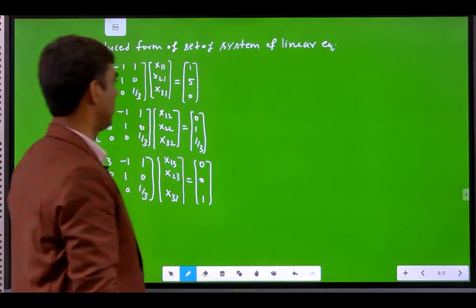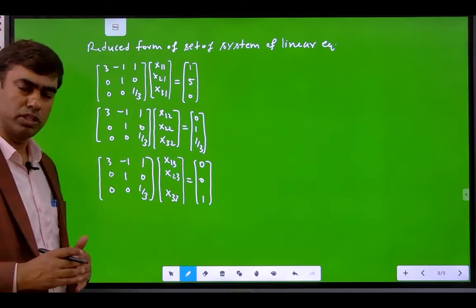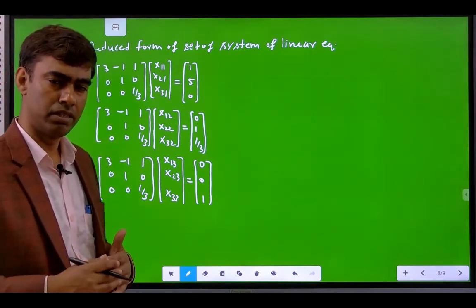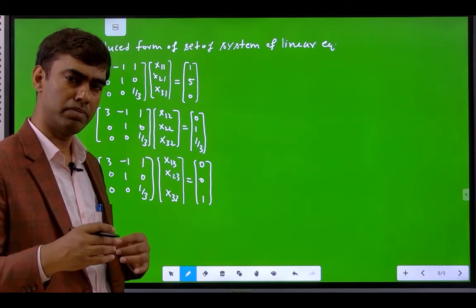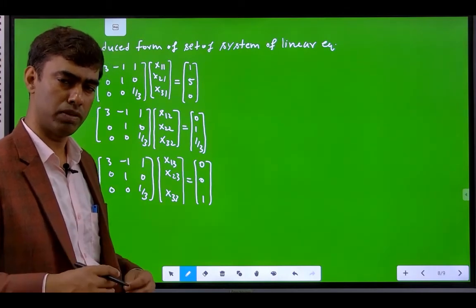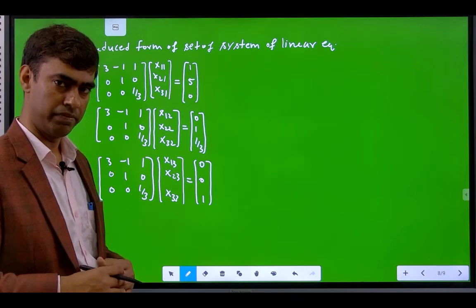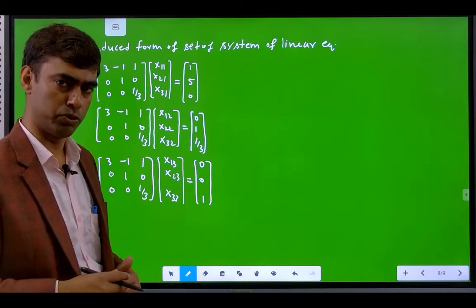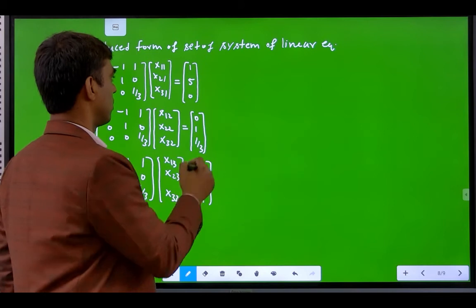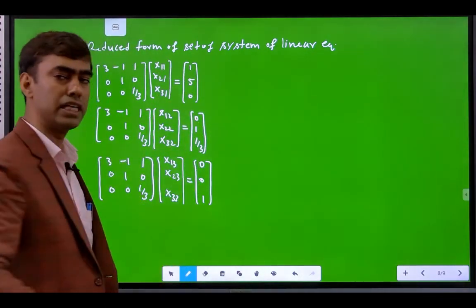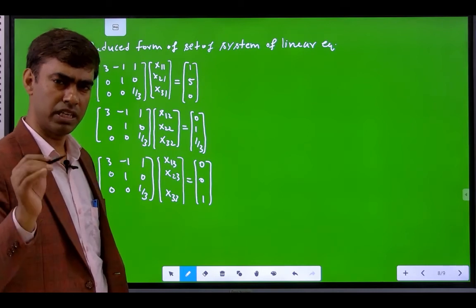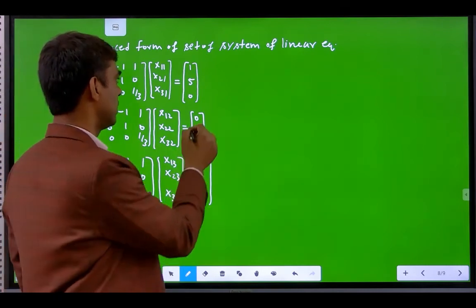Now, as we know, in the Gauss elimination method, after reducing the augmented matrix into a reduced form of the augmented system, we perform back substitution. By back substitution we find the values of these unknowns, meaning the values of the first column, the second column, and the third column.